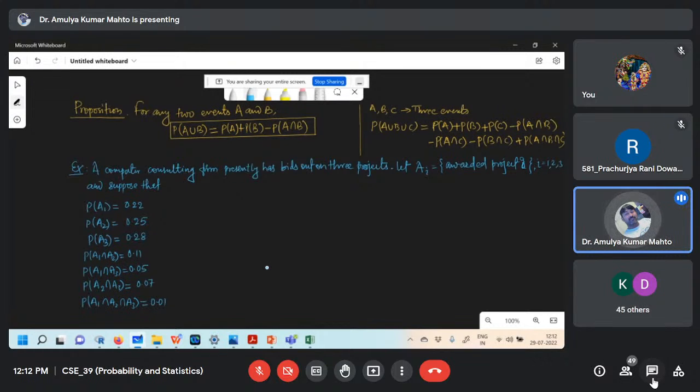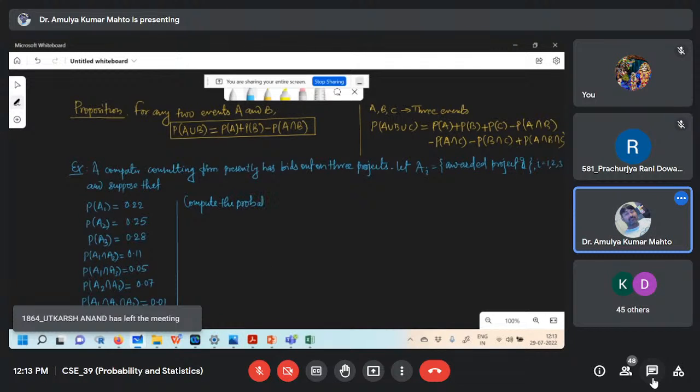Now you need to compute the probability of some events. The first event is A1 union A2.